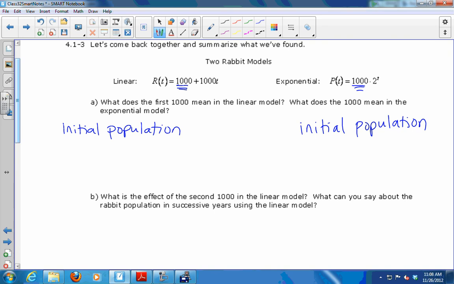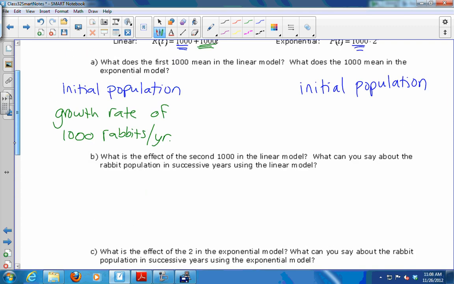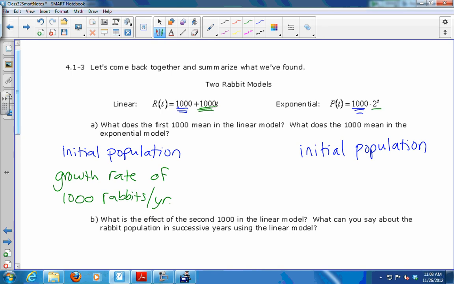The second 1,000 in the linear model, what does this 1,000 tell us? Growth rate. Yep, this is how we grow. Growth rate of 1,000 rabbits per year. Right? And then, well, that was B. What is the effect of the 2 in the exponential model?